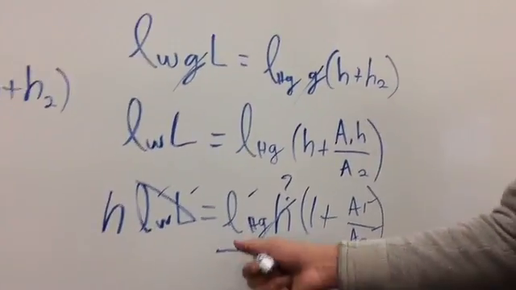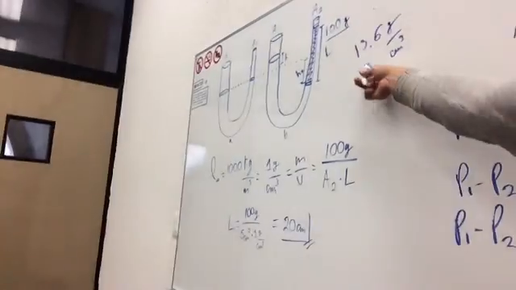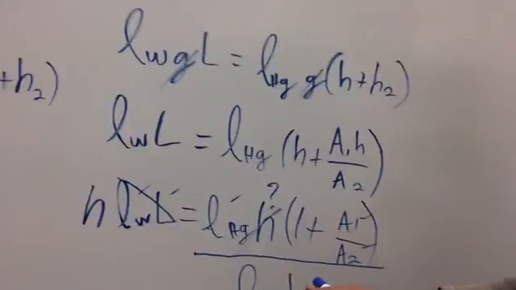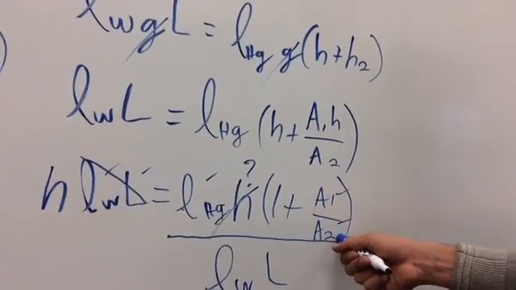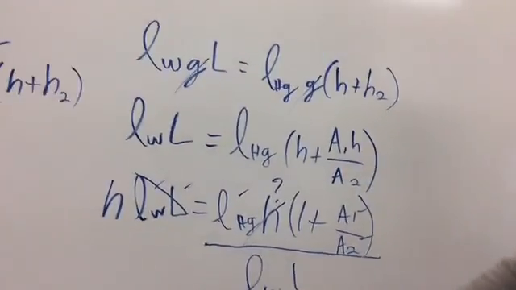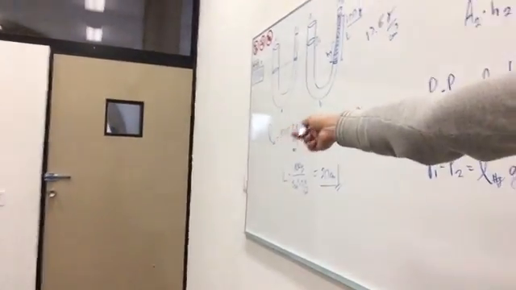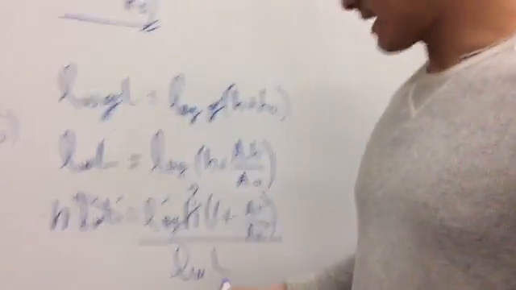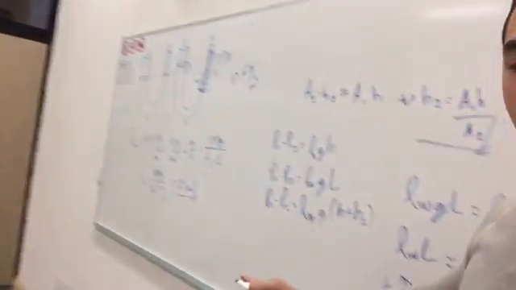And then we substitute the density of the mercury, which is 13.6, as I wrote here. We substitute the area 1, which is 10 centimeters squared, the area 2, which is 5 centimeters squared, the density of water, which is 1 gram over centimeter cubed, and the length, which was established right there.